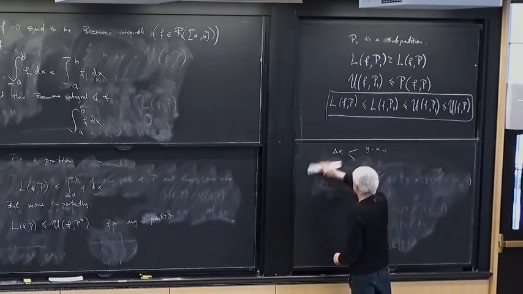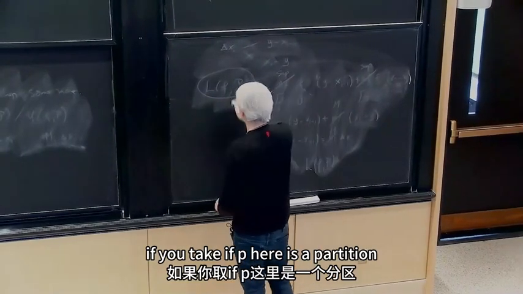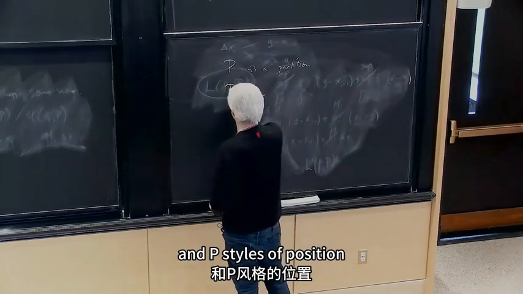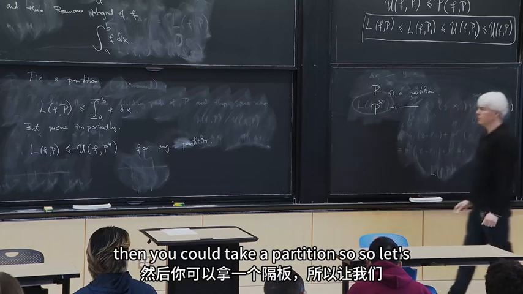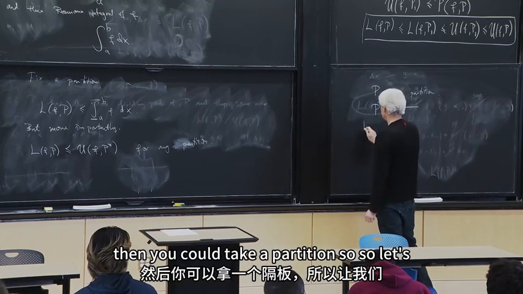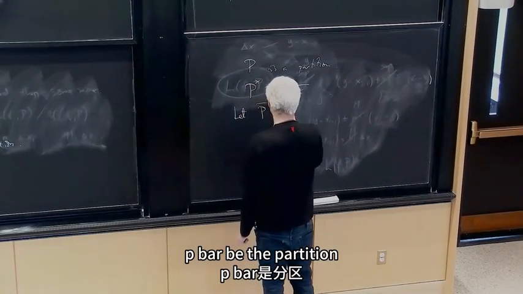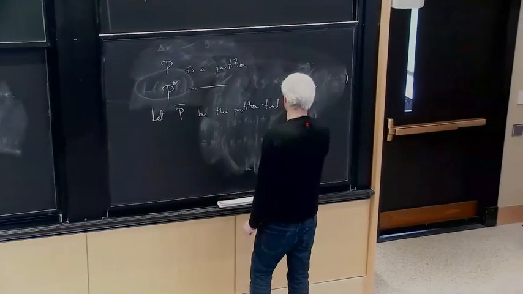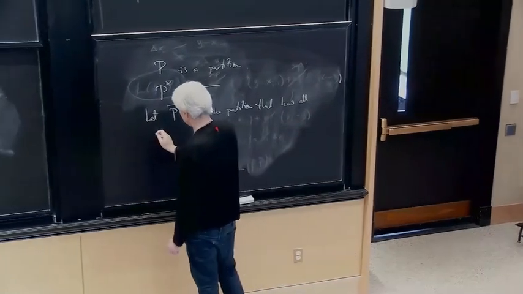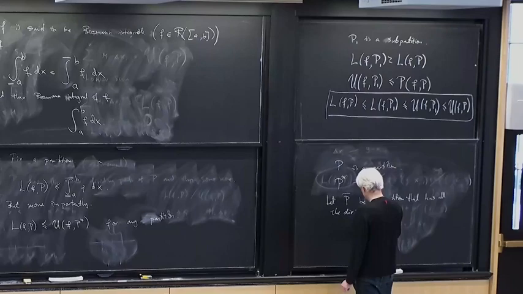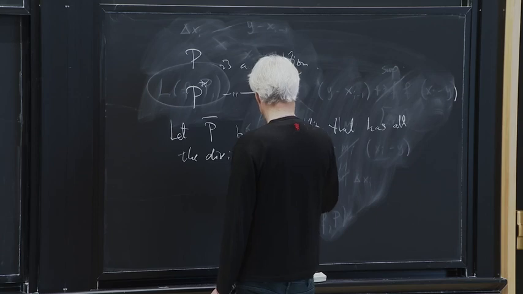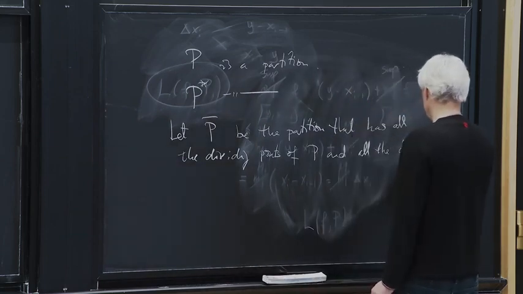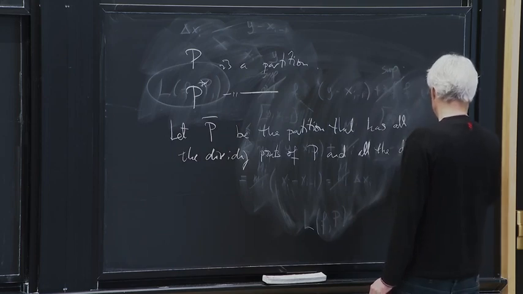If P here is a partition, and P star is a partition, then you could take a partition, so let P bar be the partition that has all the dividing points of P and all the dividing points of P star.